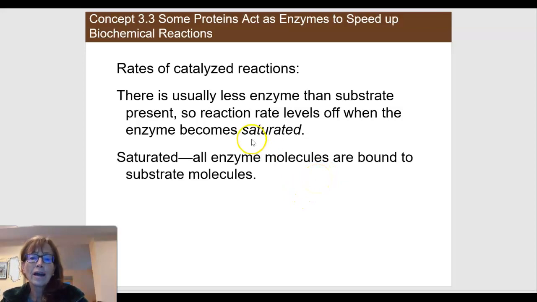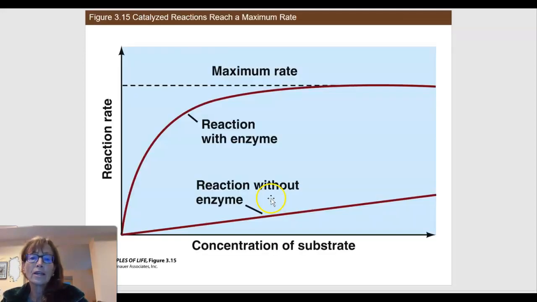When that happens, we say they're saturated. And what you see here on the graph is that idea of saturation. Initially, we get a very quick rate of reaction as the enzymes are starting to pick up substrates. But as soon as all of those enzymes are occupied, we get this flattening out of this curve, which is saturation. You can see it there.